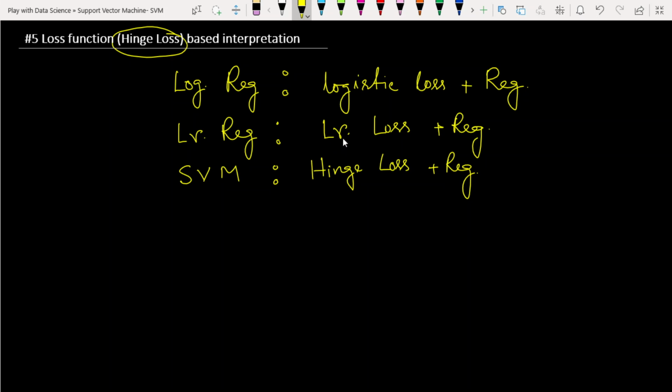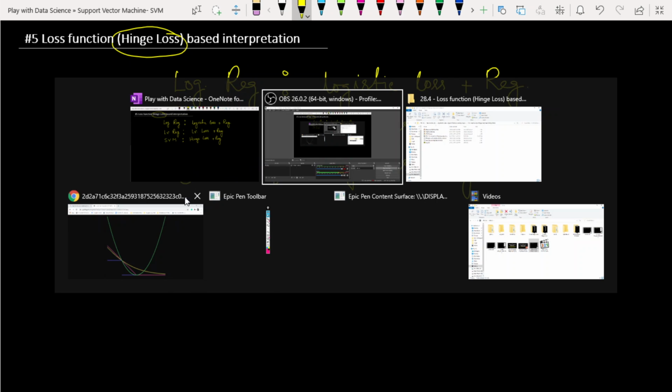Before going into the discussion, I am taking a picture from Wikipedia. Just see this picture first.